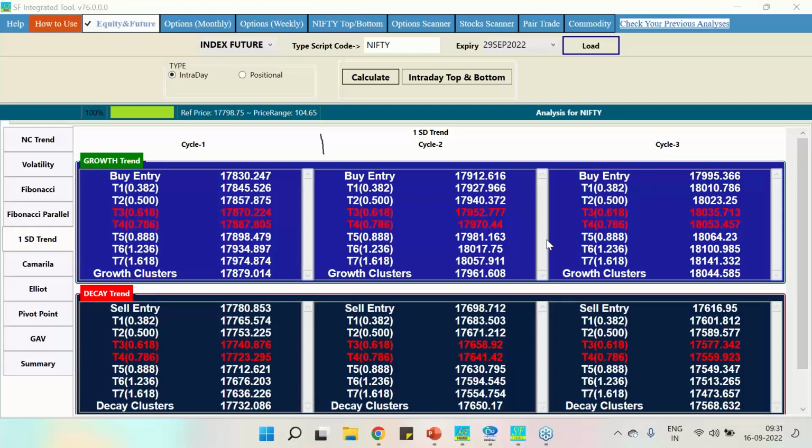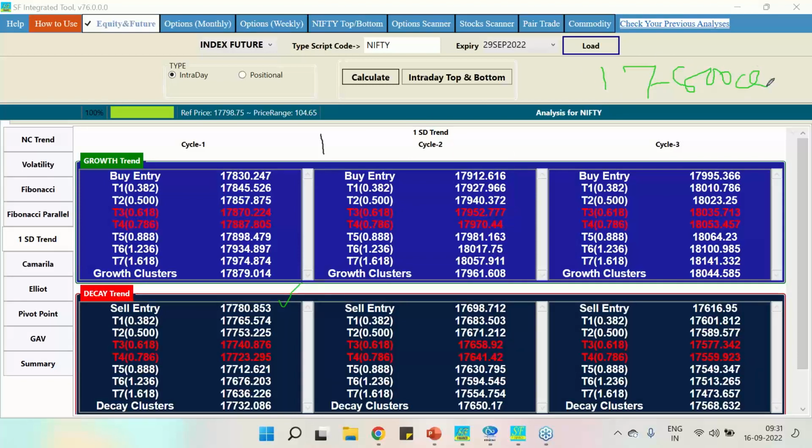If you are selling the Nifty future now, what will be your hedging? Which option should you hedge with? Now you are selling the Nifty future. Anybody can tell me which option I should hedge along with the Nifty future sell? If I am selling the Nifty future at 17,780, the simplest hedging is a 17,800 call option purchase.